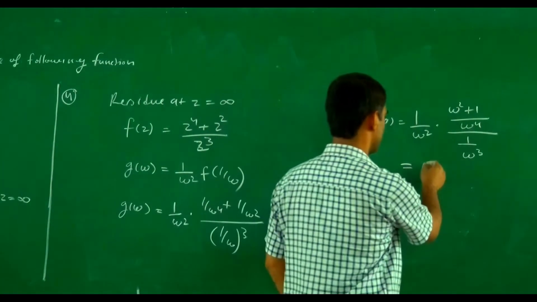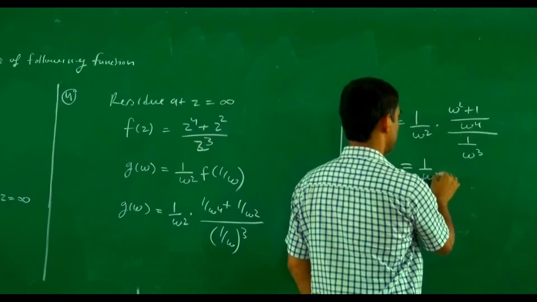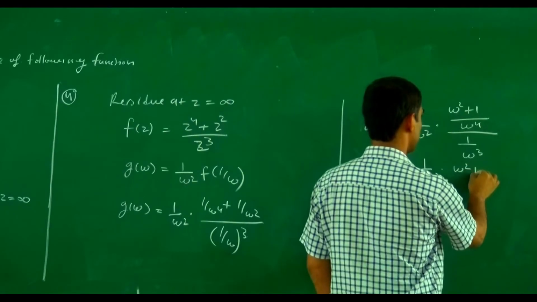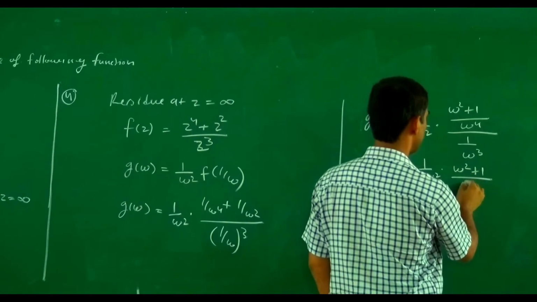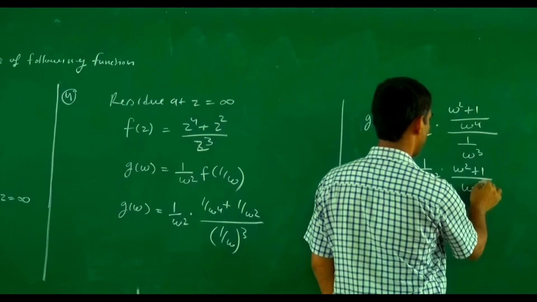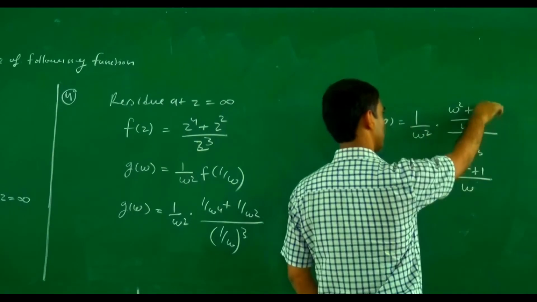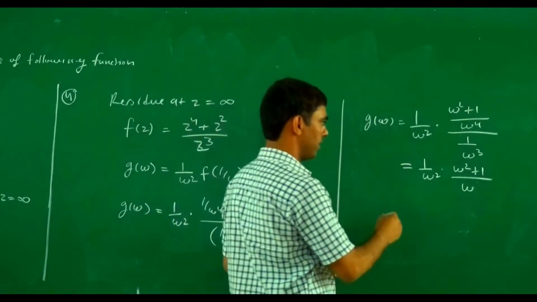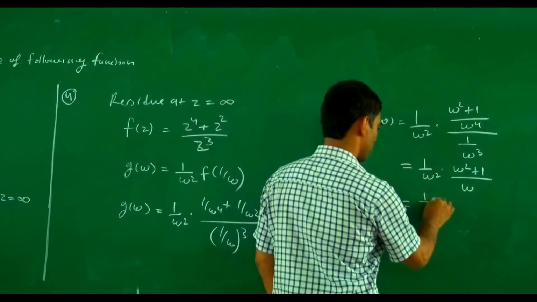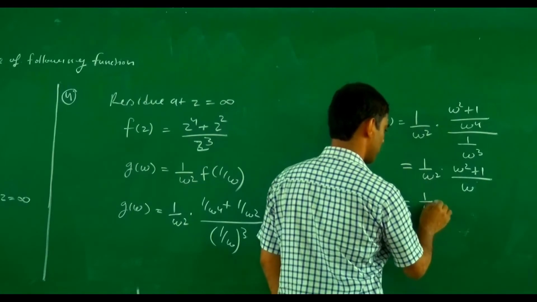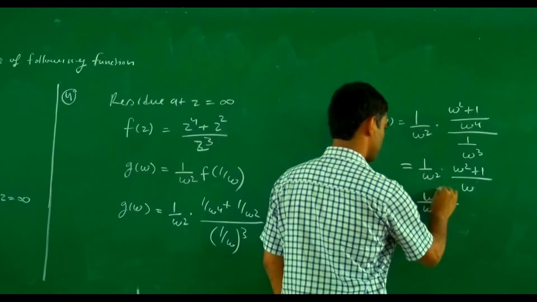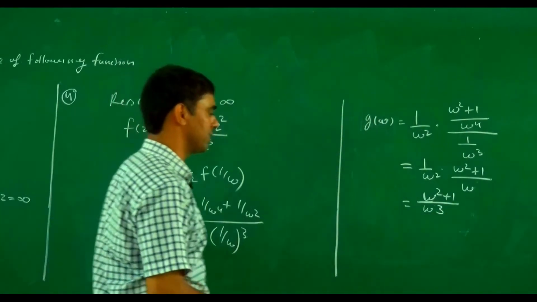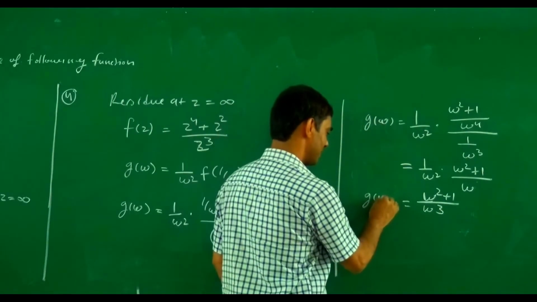So 1 upon w square into w square plus 1 divided by w, because w cube in the numerator cancels with w. The value becomes w square plus 1 divided by w cube. So this is phi(w).